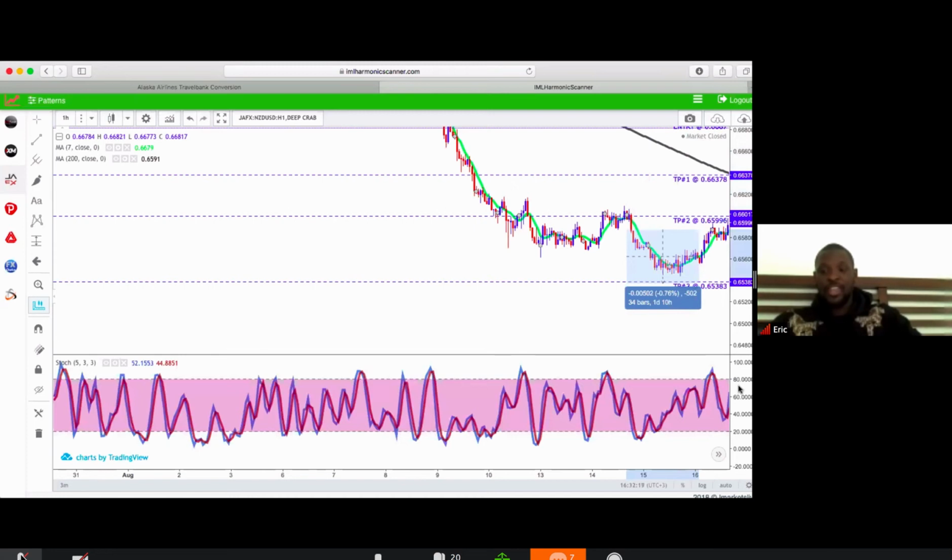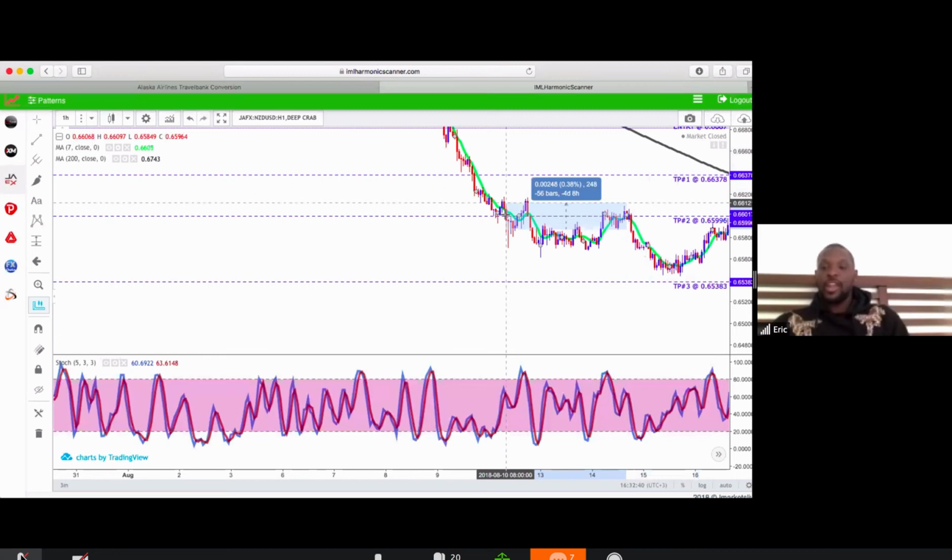As long as it's under this 80 area, as long as it's over this 20 area for the buy, boom. It's really good when you catch it right here in between, a little under the 40, a little over the 60, and you're good to go. I enter right there when it's in the middle.